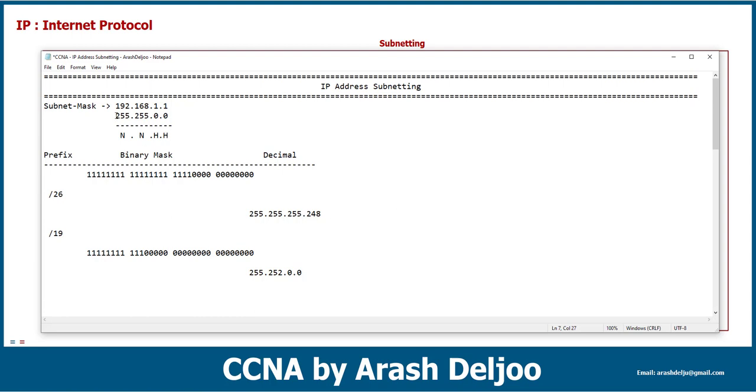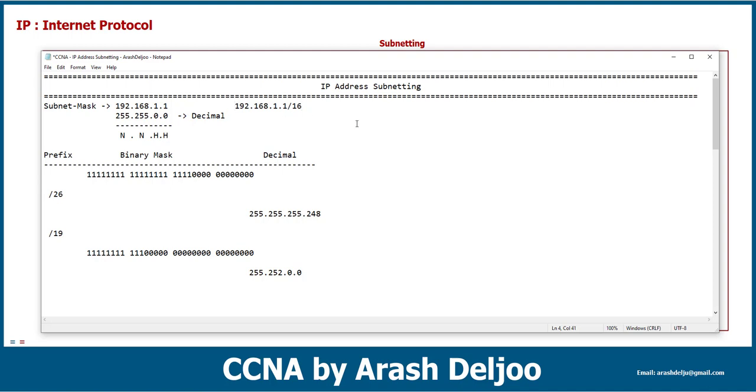And also this is the dotted decimal notation of the subnet mask. We call it decimal notation. You know that we can use this other notation, 192.168.1.1/16, and this is the other method of presentation of the subnet mask.